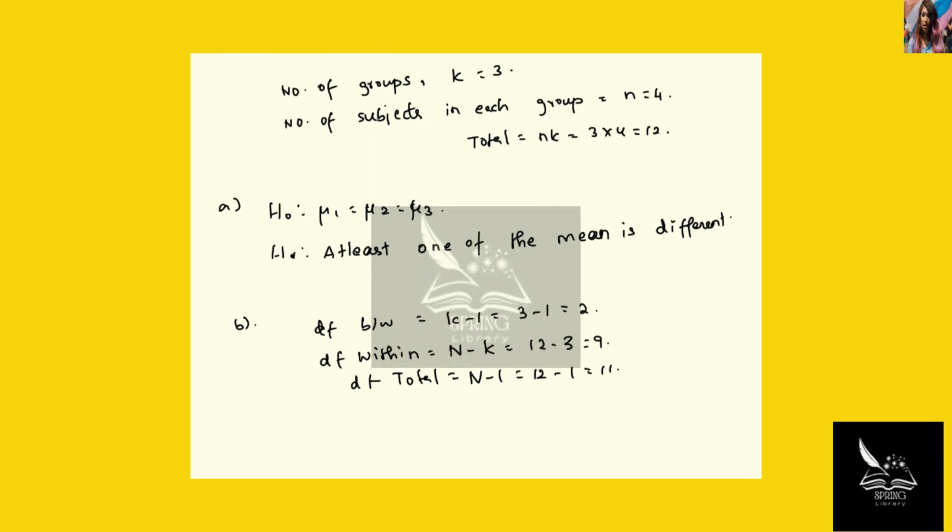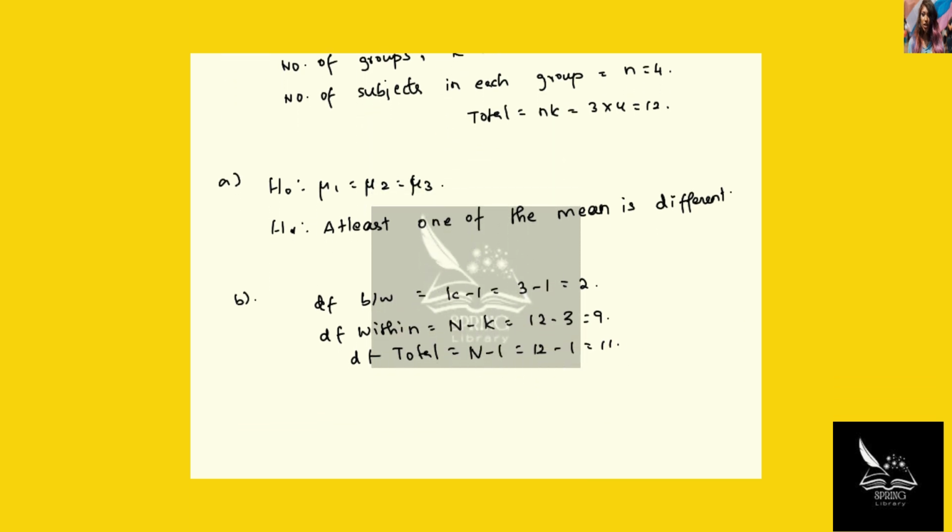Here first we need to find the critical value of F. The critical value F 2, 9 at alpha equal to 0.05 for the right-tailed test is 4.2565.